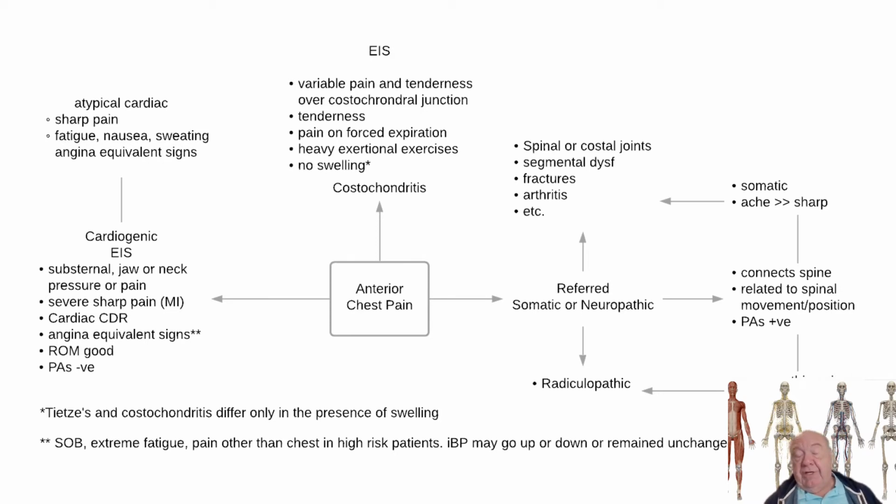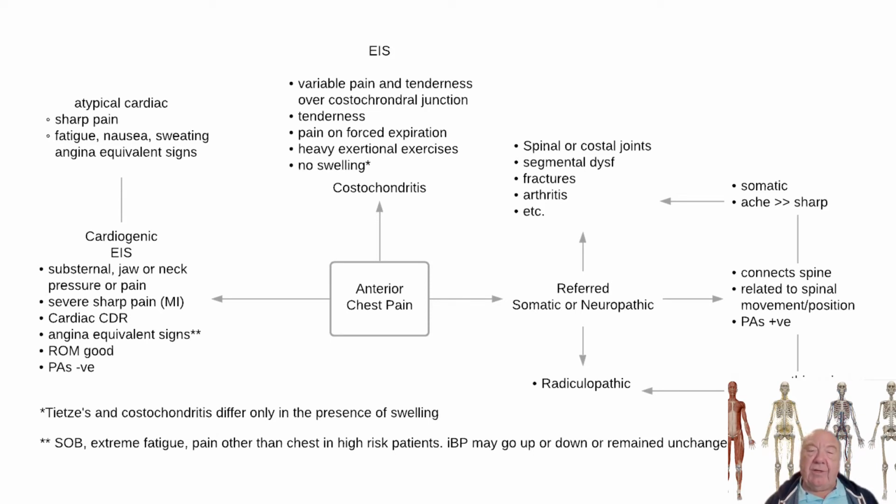The terms are often used interchangeably, but there is that separation of the two in the medical literature. However, what you get can be extremely severe anterior pain right over the junction, and there's obviously going to be tenderness there as well.